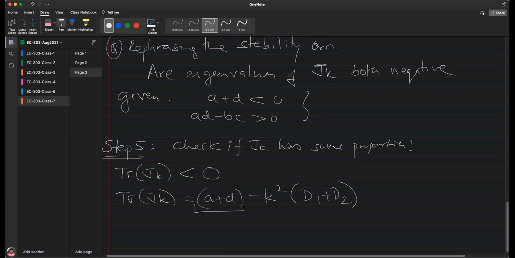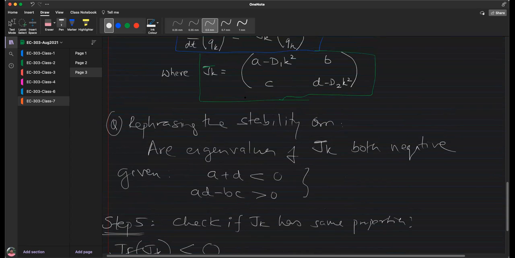So this was negative, we knew this from the mean field system. Is this negative too? This, with a minus sign, of course, is negative. So this condition holds true. The trace of JK continues to be negative. Is that fine with everyone?